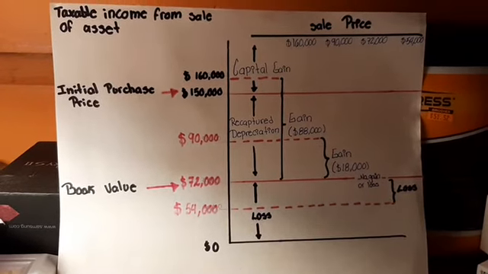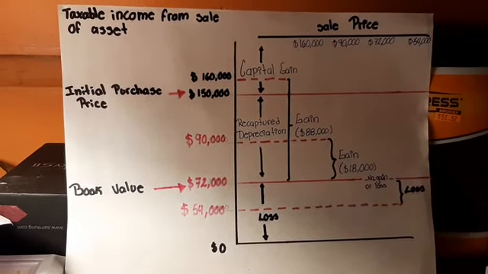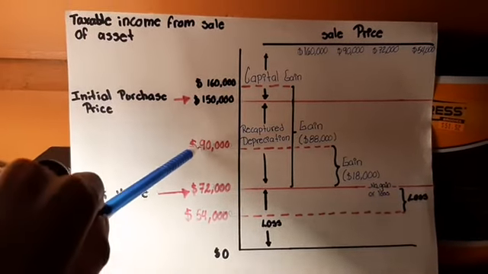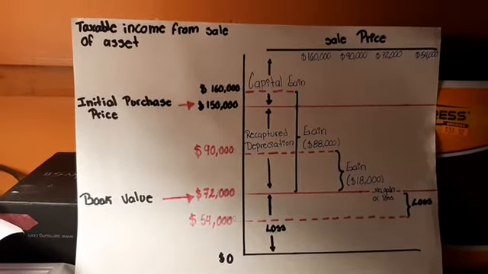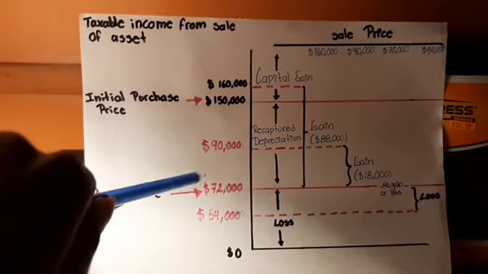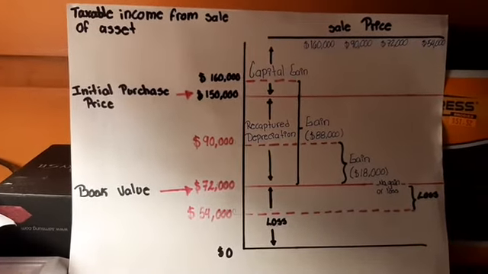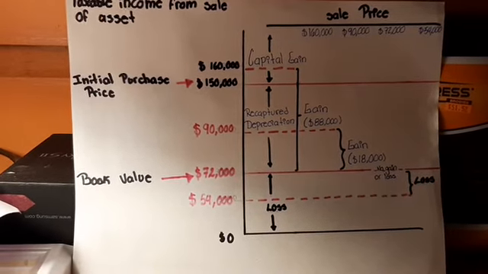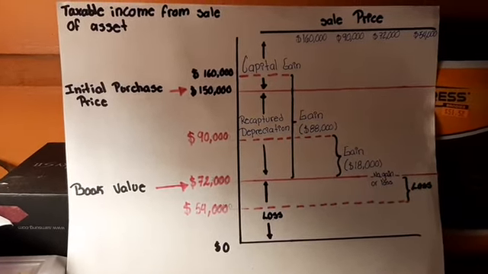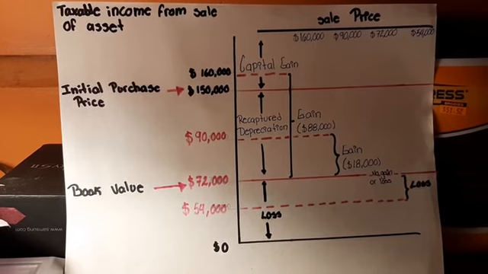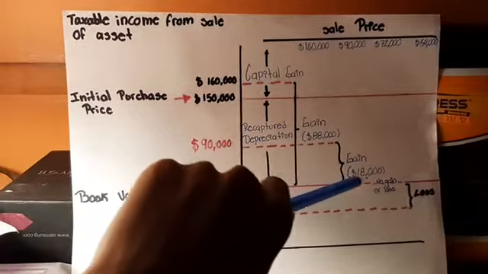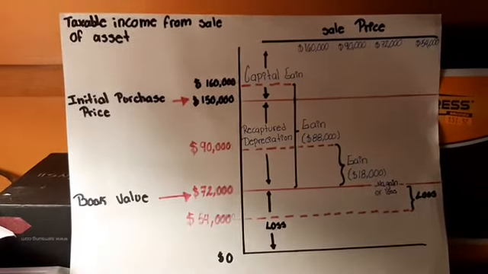If Hudson instead sells the old asset for 90,000, it experiences a gain above book value of 18,000. I show it under the 90,000. So this here will be the gain. You see?